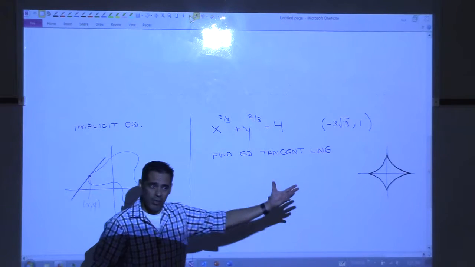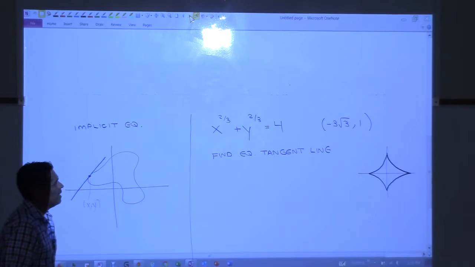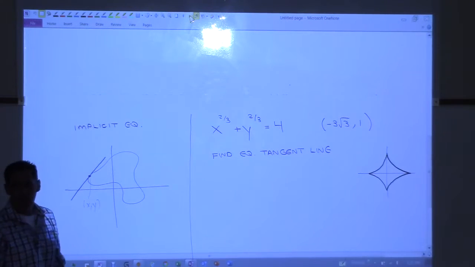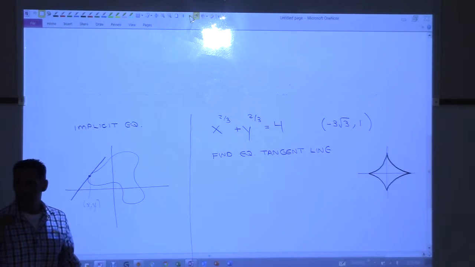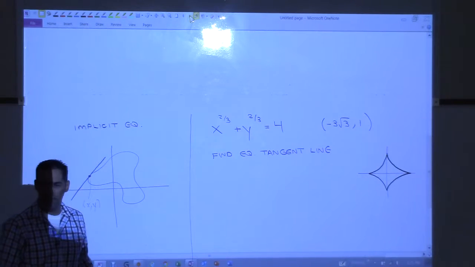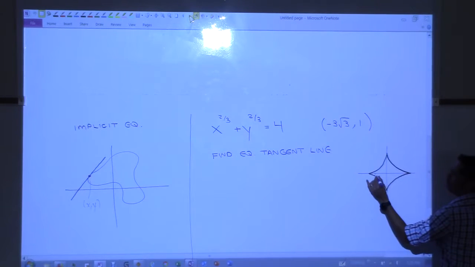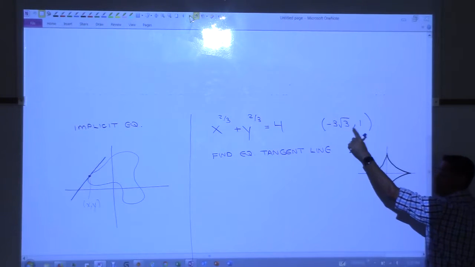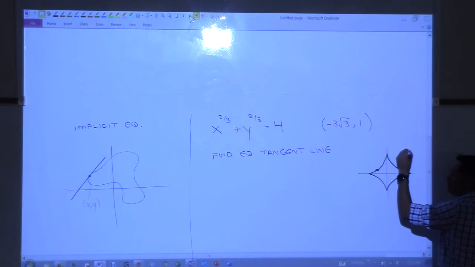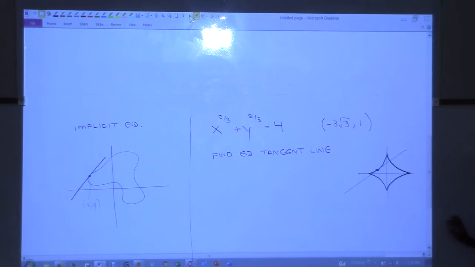So we go to the point negative 3 root 3, 1, which would be somewhere over here in the second quadrant, right? Negative x coordinate, positive y coordinate. We're trying to find the equation of that tangent line.